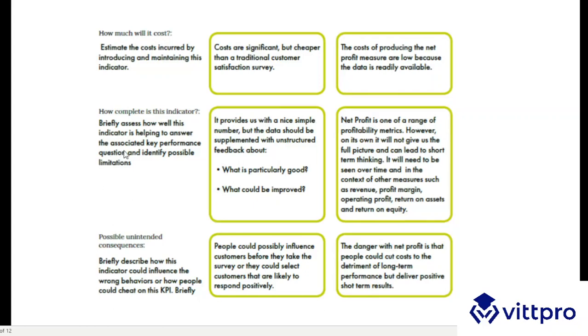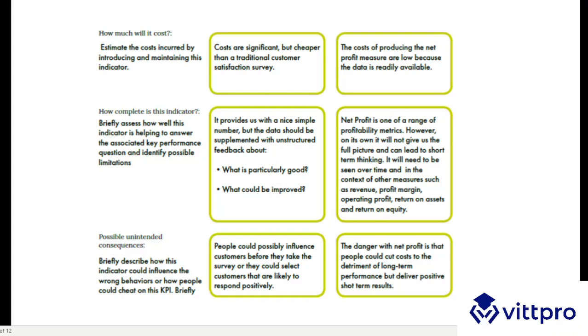Is it the complete indicator? It provides us with a nice example, but the data is not structured. It needs to be supplemented with unstructured feedback, meaning what in particular they like. Because if the customer is telling you that they like the services, but they don't tell you what they like, it is meaningless also, right?